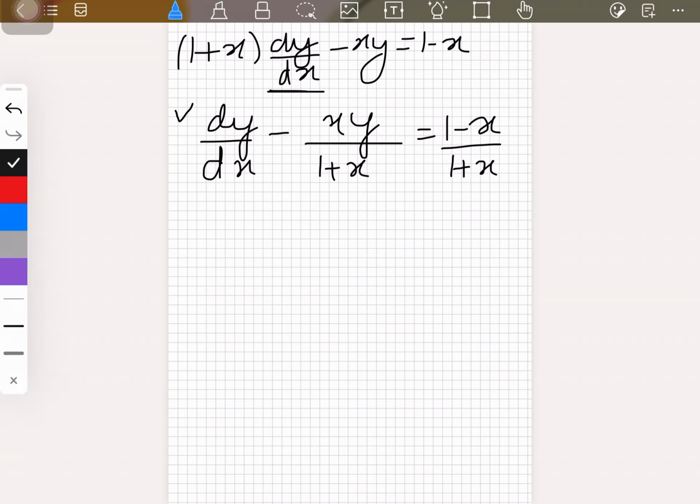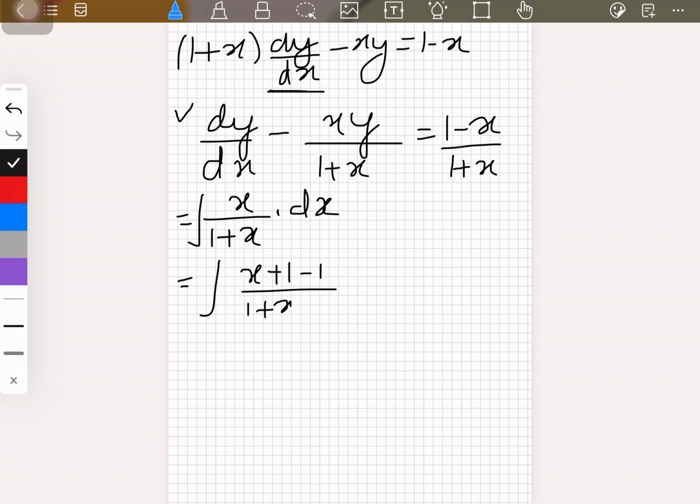So what we have to do is integrate x over 1 plus x dx. How to integrate this can be a tricky question as well, but it's pretty simple. Add 1, subtract 1. That way you can create different integrals.